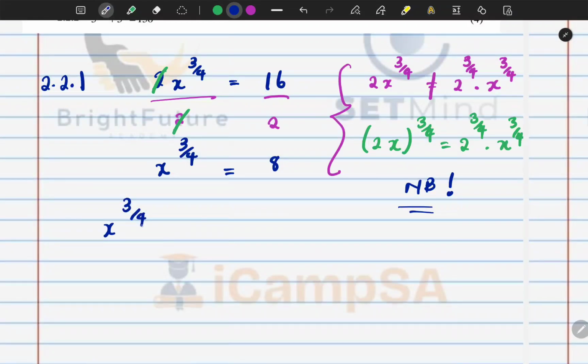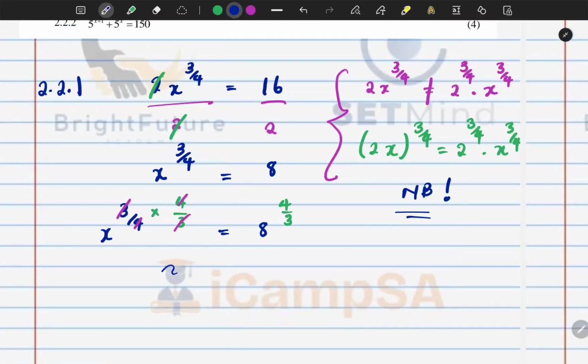So we have 3/4, and we are going to multiply by 4/3, which is equal to 8 raised to the power of 4/3. So what we can do now is, 4 and 4 will cancel each other, and we are going to be left with x.